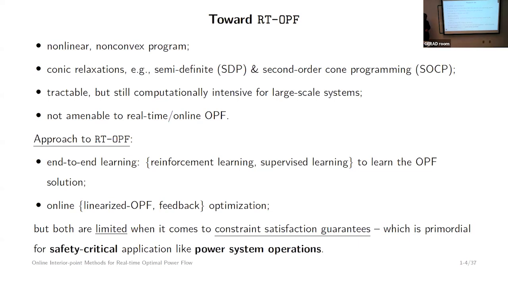We can think of semi-definite programming or second-order cone programming, which are the two main ones. Yes, they're tractable, but they're still computationally intensive, especially if we go at large scale, not with the 33 bus system that I'll be presenting. But if we want to move further than that, 1,000, 2,000, and so on, that will become very demanding. And hence, while we made one step toward tractability, this is not enough of a big step to get to real-time or online OPF.